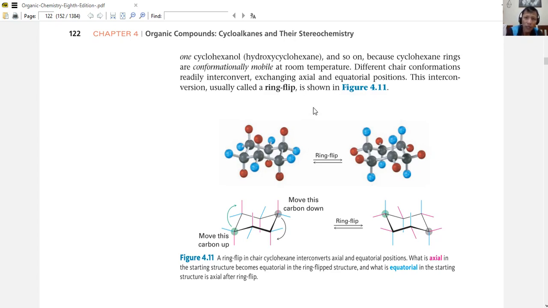As you can see, the axial and the equatorial are being flipped. So you have the ring flip, actually. It's just being flipped. But anyway, I guess it's already time, so may I cut so that you would have shorter videos.